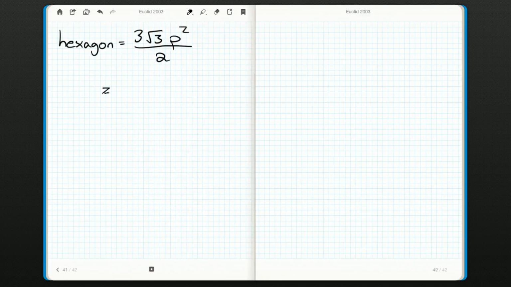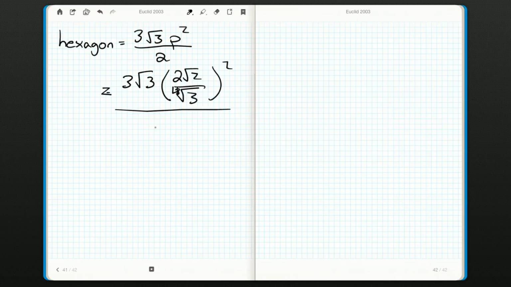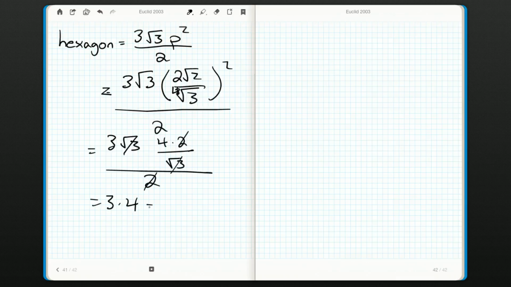And now p, we can plug that in, and that's 2 root 2 over the 4th root of 3, square that, all over 2, we get 3 root 3, and we'll get 4 times 2, we'll get a root 3 on the bottom, and that'll all be over 2, so the 2's will cancel out, the root 3's will cancel out, and we're left with 3 times 4 is equal to 12.